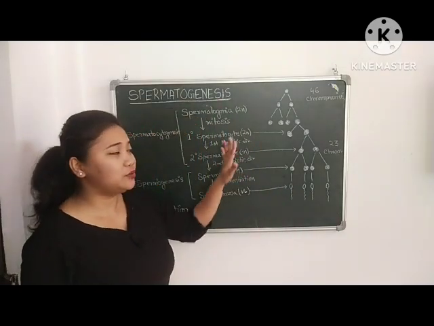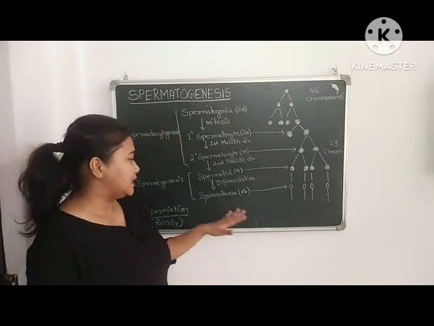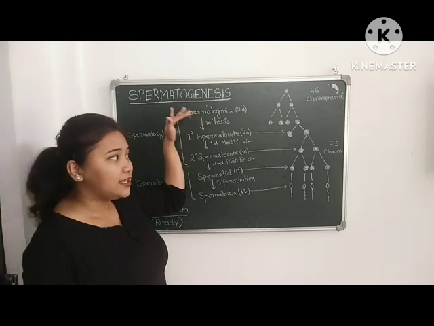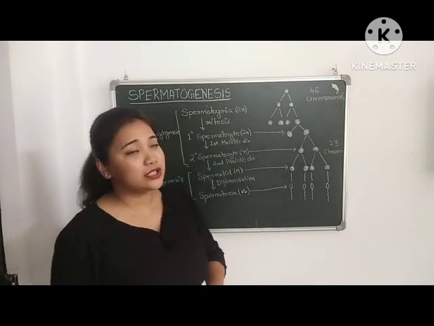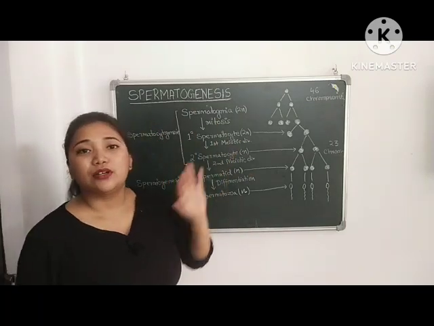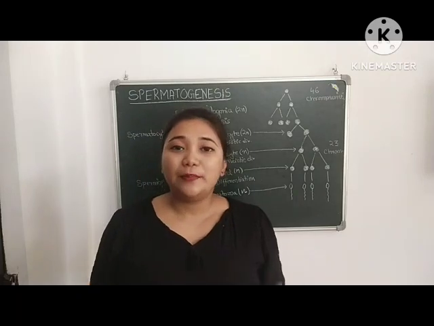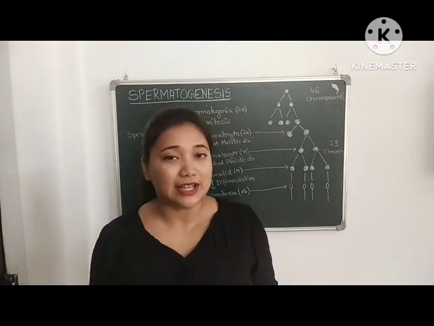So these are the 2 questions that sometimes puzzle the students. Then the rest, these terminologies are important, and like I said, the stages and number of chromosomes are important, and then finally your whole concept is cleared. So I believe with this you have understood the whole process of spermatogenesis.